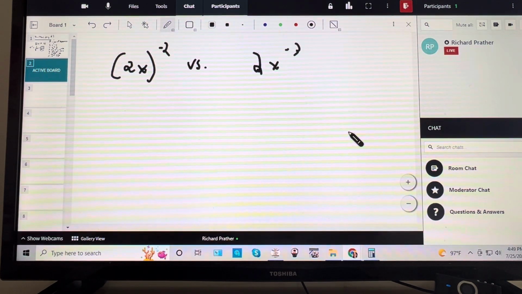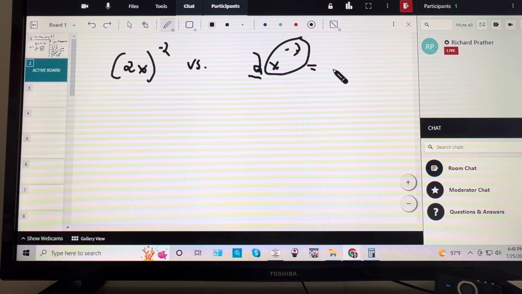If there are no parentheses, then an exponent only applies to the thing it's next to. This negative 2 only applies to the x. It doesn't apply to the 2 because there's no parentheses there. So it helps sometimes with negative exponents. Draw the fraction line. Currently there is no fraction. That means it's literally over 1 right now. So if the bottom of a fraction is blank, you don't have to put the 1. If the top of a fraction is blank, you have to put a 1.